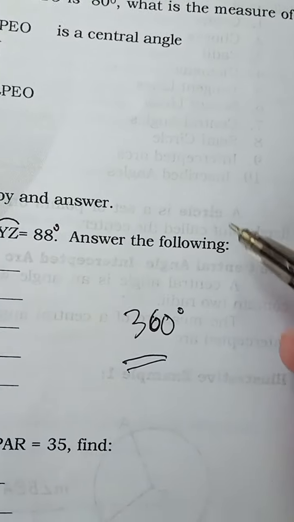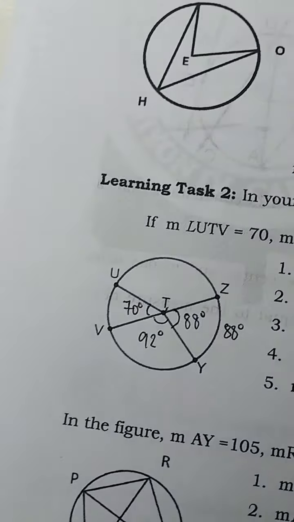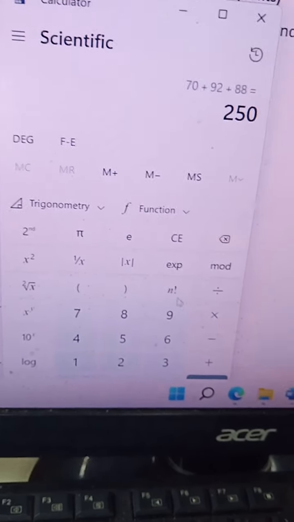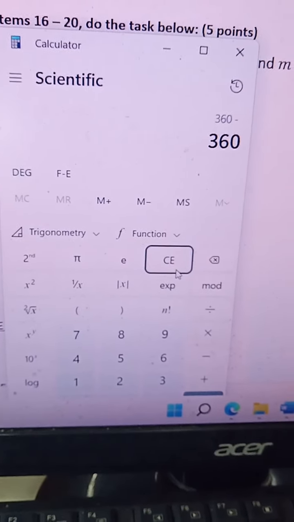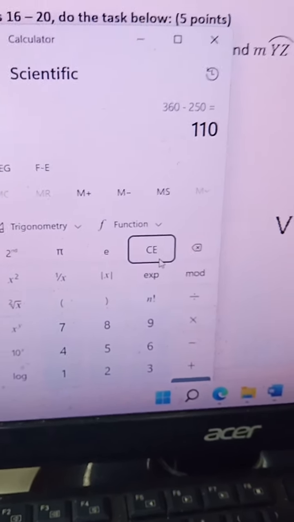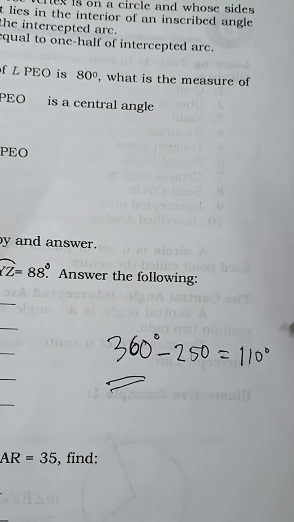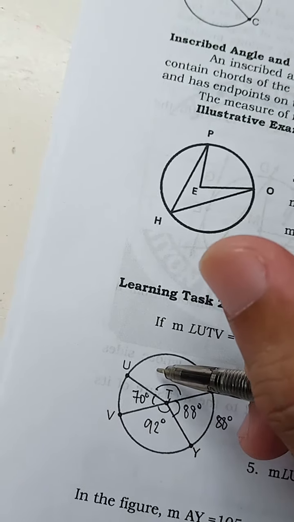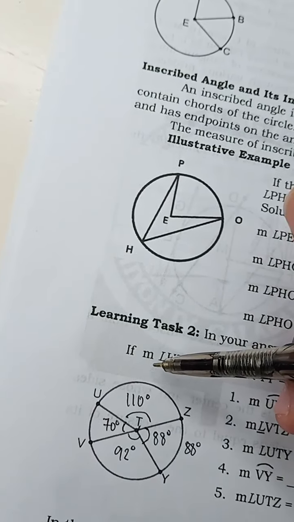Then we subtract that from 360, the whole circumference of the circle. 360 minus 250 degrees gives a difference of 110. So we put 110 degrees. That is the central angle, as well as the intercepted arc, which is also 110 degrees.